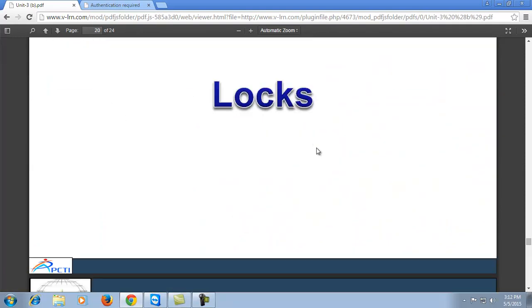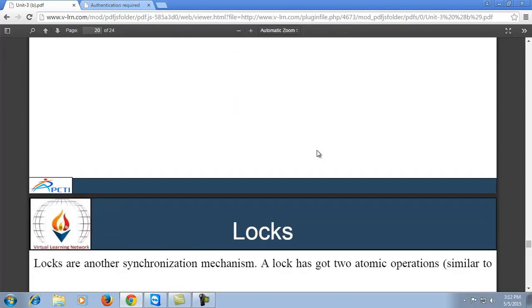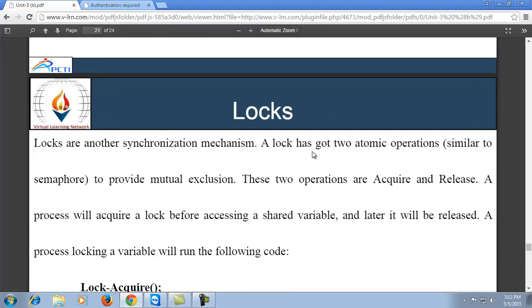Then the next topic is locks. Locks are another synchronization mechanism. A lock has 2 atomic operations, similar to a semaphore, to provide mutual exclusion. These 2 operations are acquire and release. These operations should be followed for acquiring the lock or for storing the data.